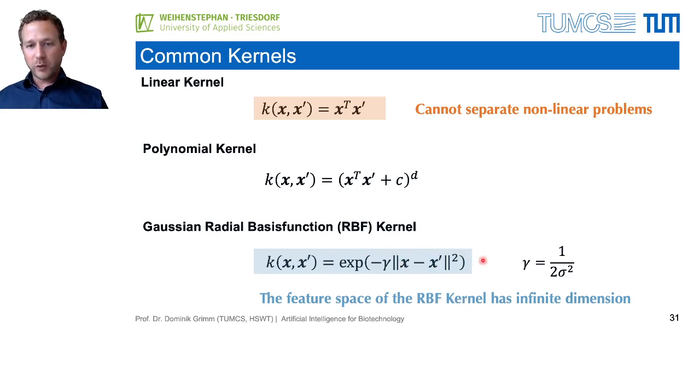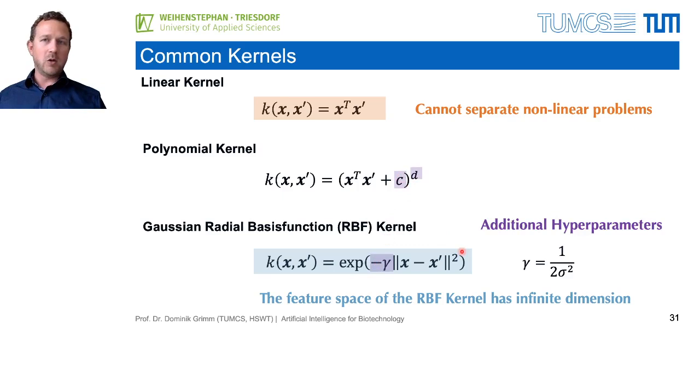So with this RBF kernel, we can implicitly map our data into an infinitely high dimensional space without even computing it. That's very powerful because it allows us to separate problems in an infinitely dimensional space and make them linearly separable. You can see here this lambda and here d or C. These are all additional hyperparameters which we might have to tune when we train our models.